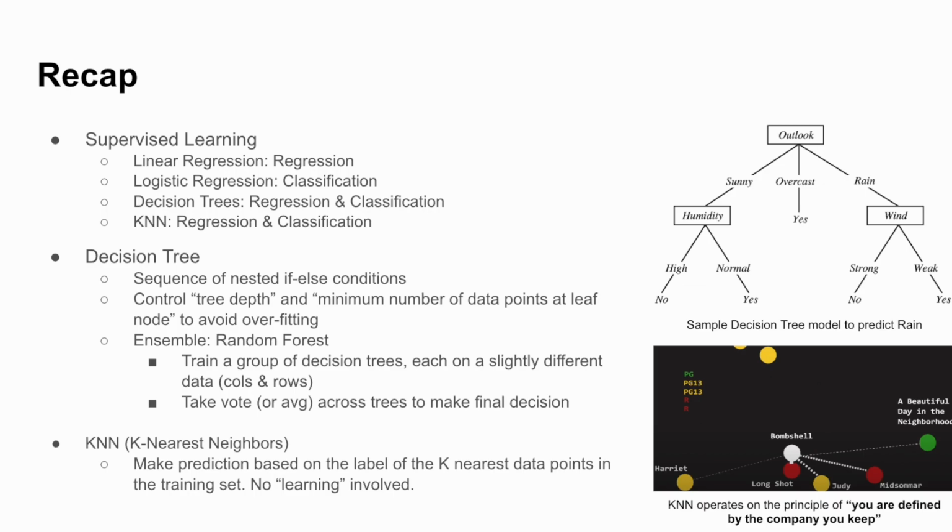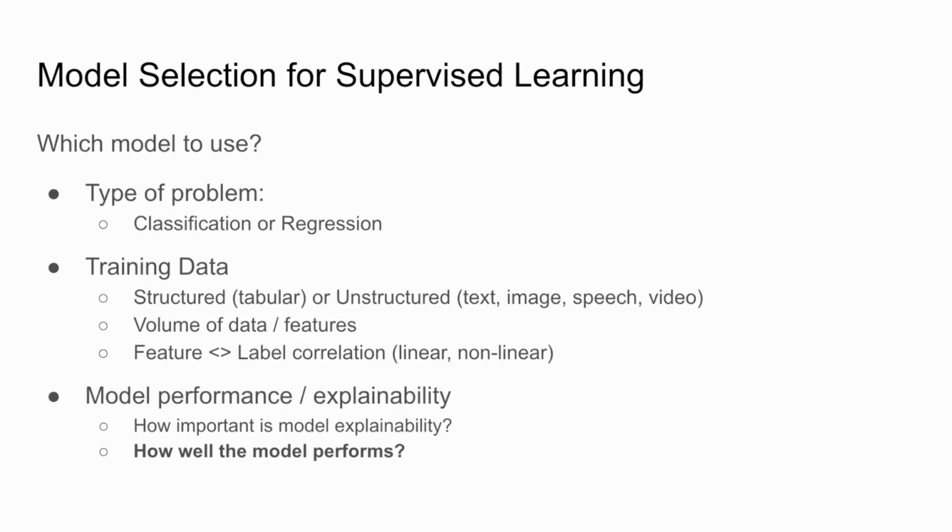We also looked at KNNs, which can make a future prediction based on the labels of the closest points in the training data. Though it is very simple and it does not involve any learning, it can still be a very effective model in many scenarios. There are many other models like naive Bayes, support vector machines, neural networks that we have not covered yet.